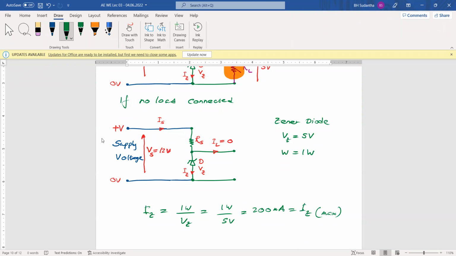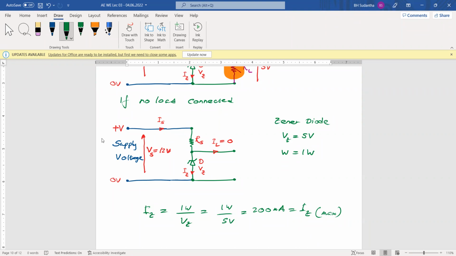During that time, the supply IS is providing a certain current according to the setup. But anyhow, we haven't connected the load. Or we can assume that we have connected the load, but the load is not taking any current. During that time, the Zener has to handle everything. The Zener has to take the entire current and draw it through it. Then 200 milliampere maximum current is going through the Zener.